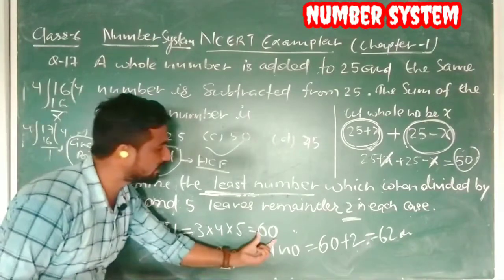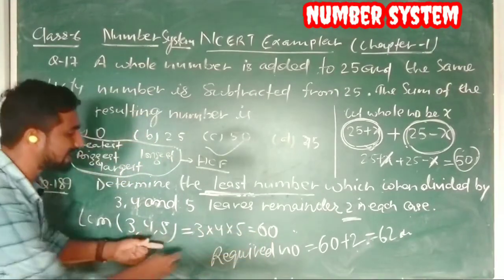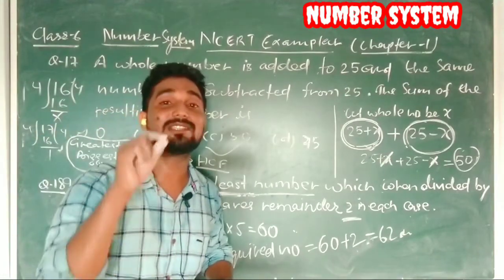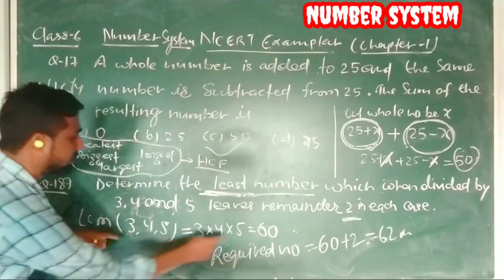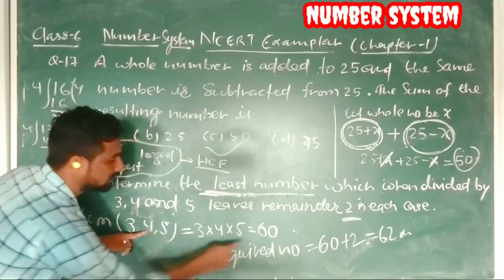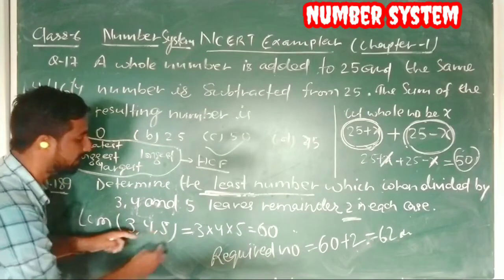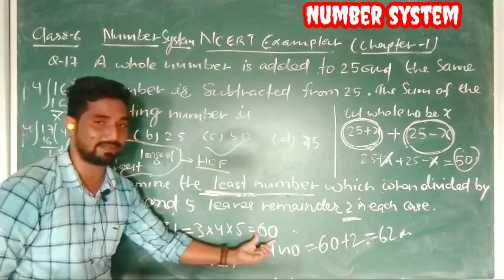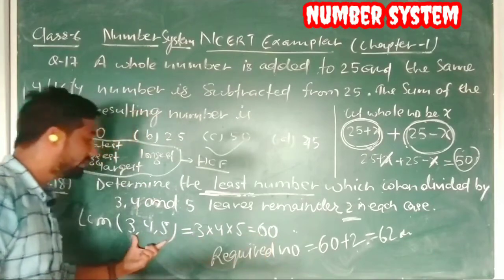So this 60 was divided by all these numbers because it is the LCM of 3, 4 and 5. LCM is the least common multiple, which means 60 is a multiple of 3, of 4, and of 5, so it is divisible by each of these numbers.